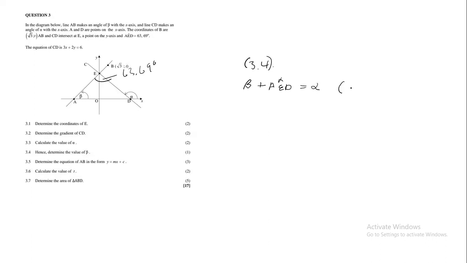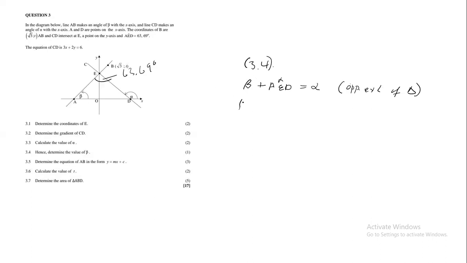Mathematically, we give a reason why that is the case. We're going to say exterior angle of a triangle. This is one of the reasons why we say this is true. Beta plus this angle is equal to the exterior angle from this triangle. Therefore, we are looking for beta.